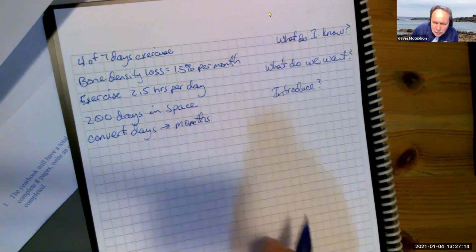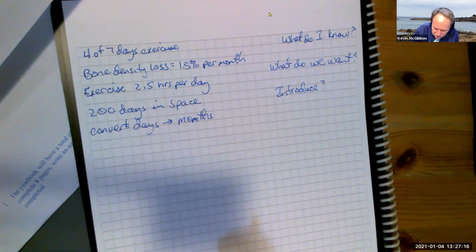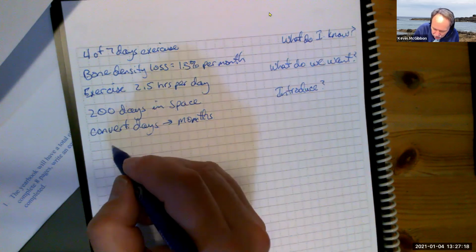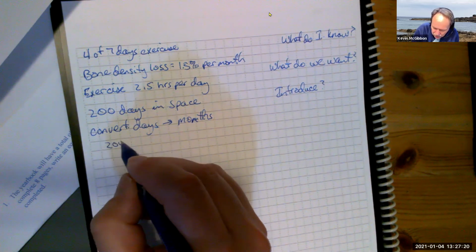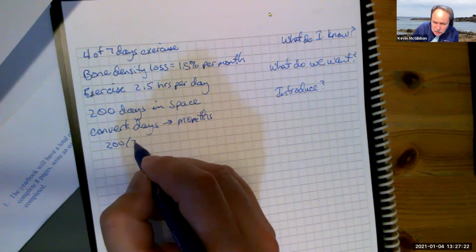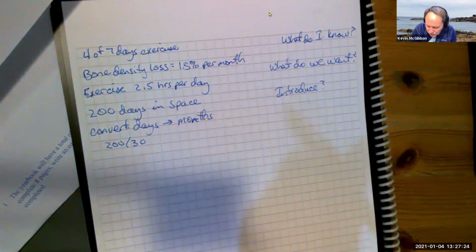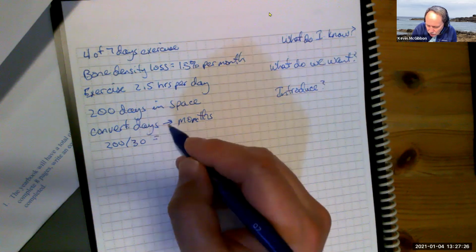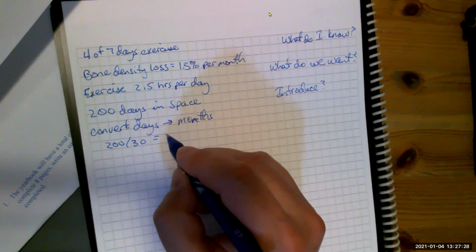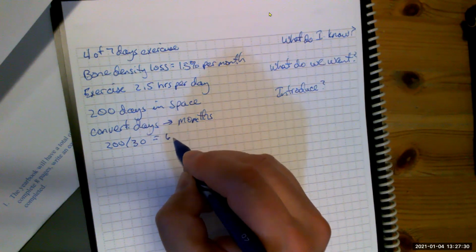Convert days into months. So 200 divided by 30, which is the average number of days in a month, is equal to 6.666, and it goes on infinitely.